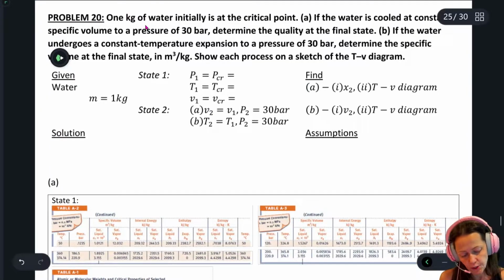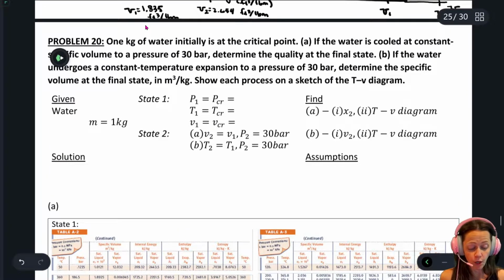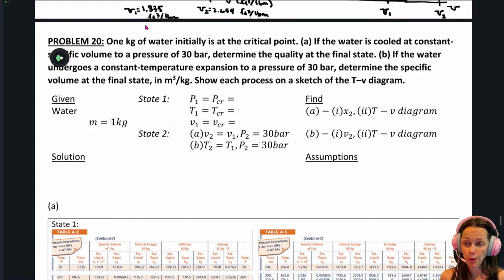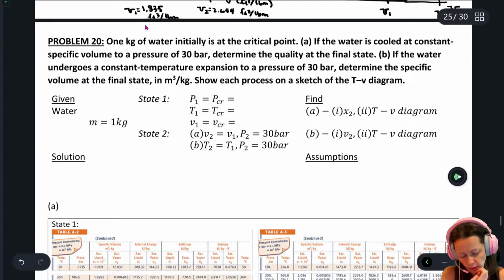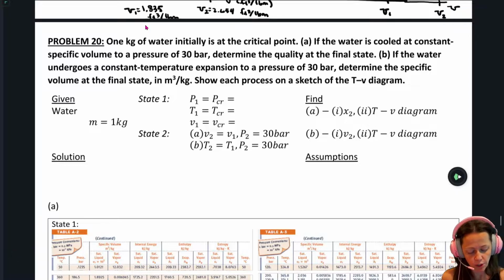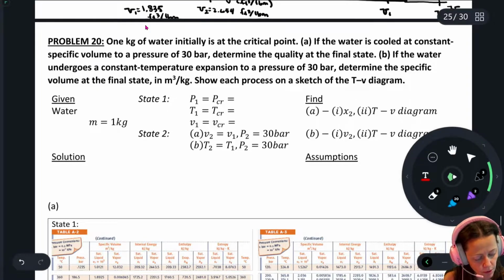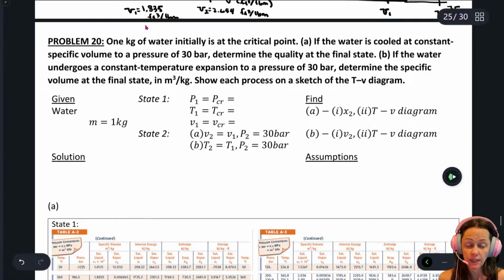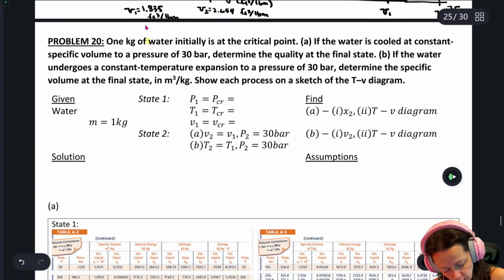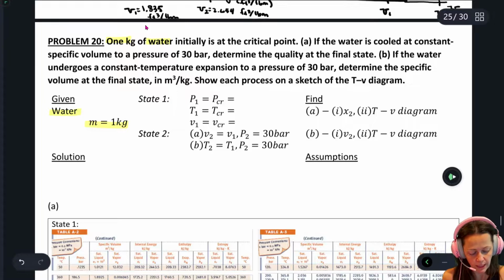All right, so we have 1 kilogram of water initially at the critical point. If the water is cooled at a constant specific volume to a pressure of 30 bar. So let's just go through and make sure that we see where all of the information in the given is coming from. So we've got water, 1 kilogram, and P1 and T1 are at the critical point.